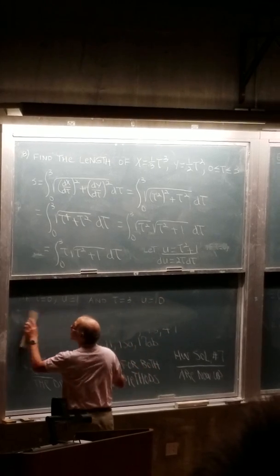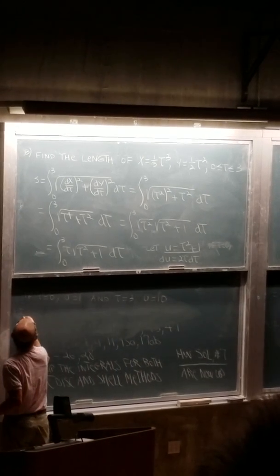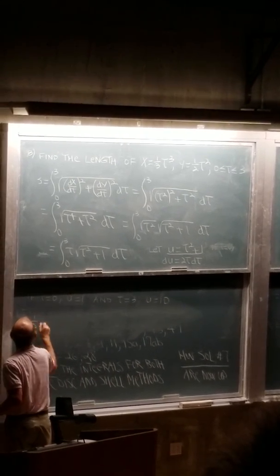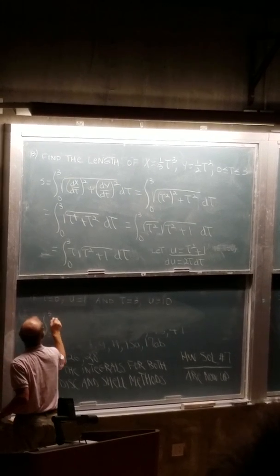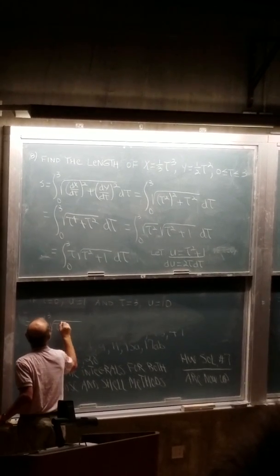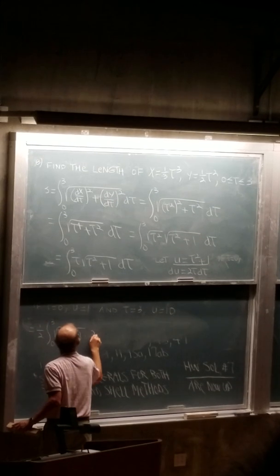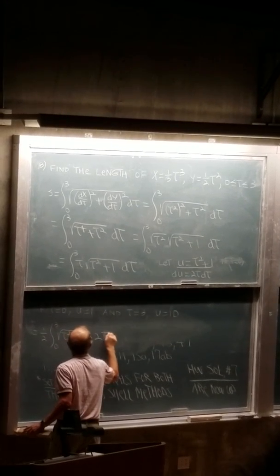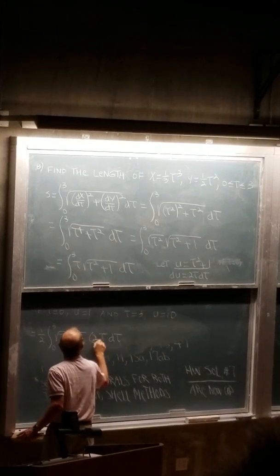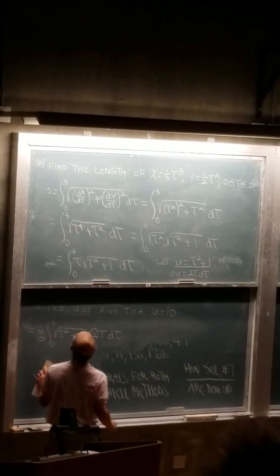So if we rewrite our integral, we have 1 half the integral from 0 to 3 of the square root of t squared plus 1 times 2t dt. I'm multiplying by 2 on the inside and dividing by 2 out in front.